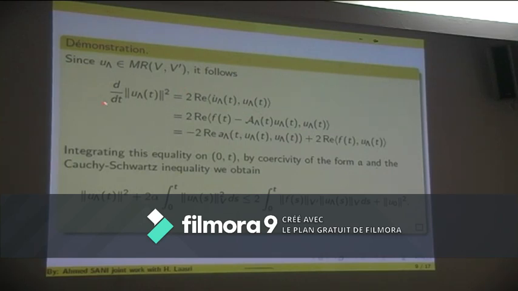This equality allows us to say that this derivation, if f is equal to 0, is negative. In the homogeneous case, that means just that f is equal to 0. If we integrate this equality, which is evident and explained, we can do the calculation, it's very easy, on [0,T], we obtain this result.